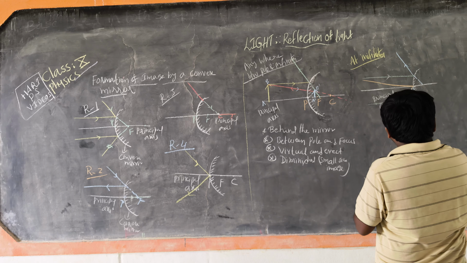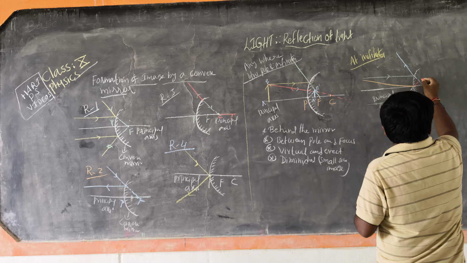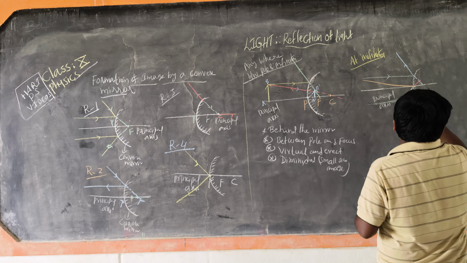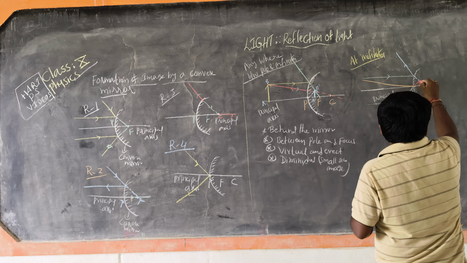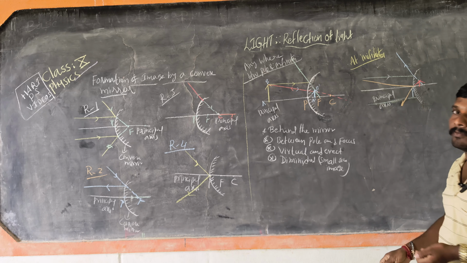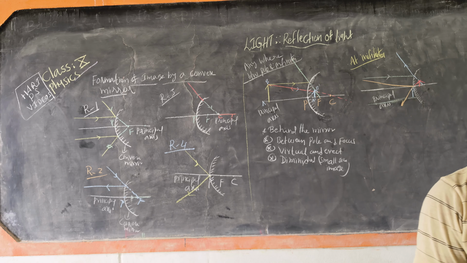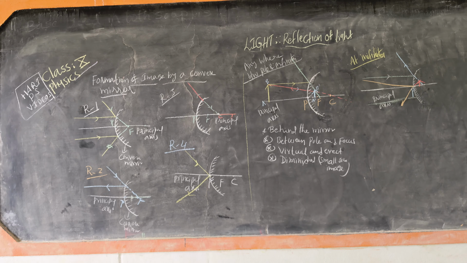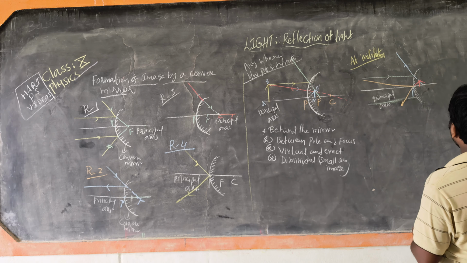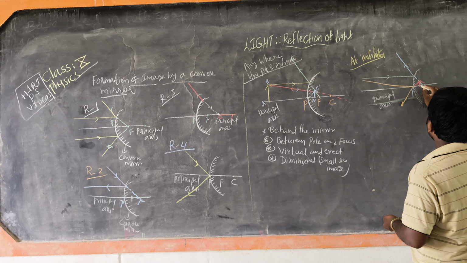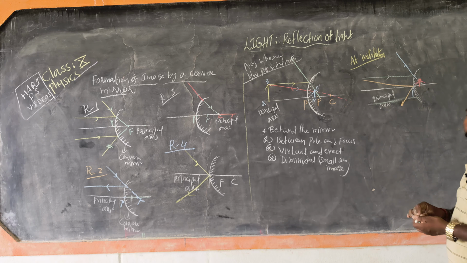After reflection, it passes like this. So where is the image formed? At focus, the image of the object is formed.